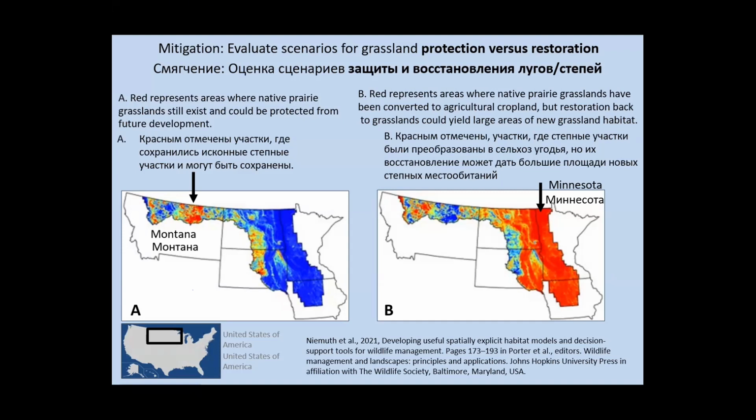In panel A, the image shows an example where a person wants to put mitigation dollars to preserve existing native prairie grasslands, the deep red areas. So in panel A, if you wanted to protect existing grassland, you would allocate mitigation dollars to the state of Montana where it is deep red.